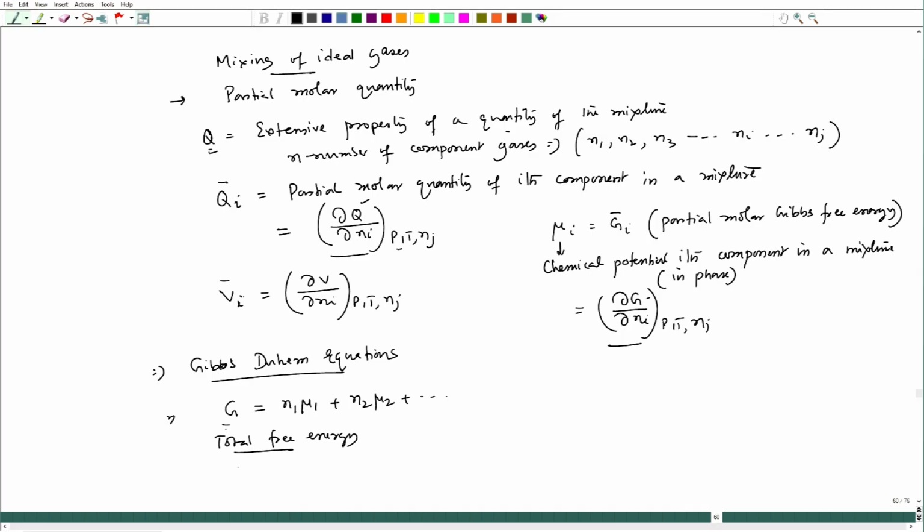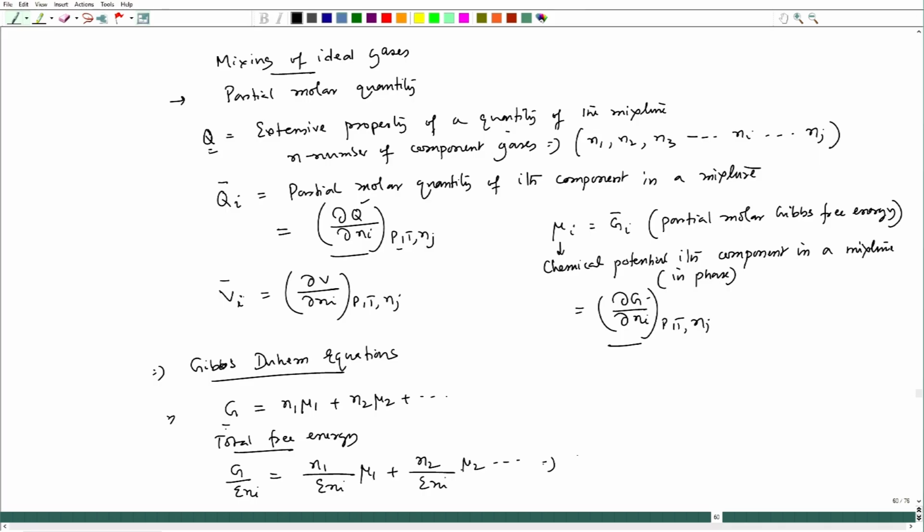So, I can write for 1 mole G by summation of N i by N mu 1 plus N 2 N i mu 2 like this.